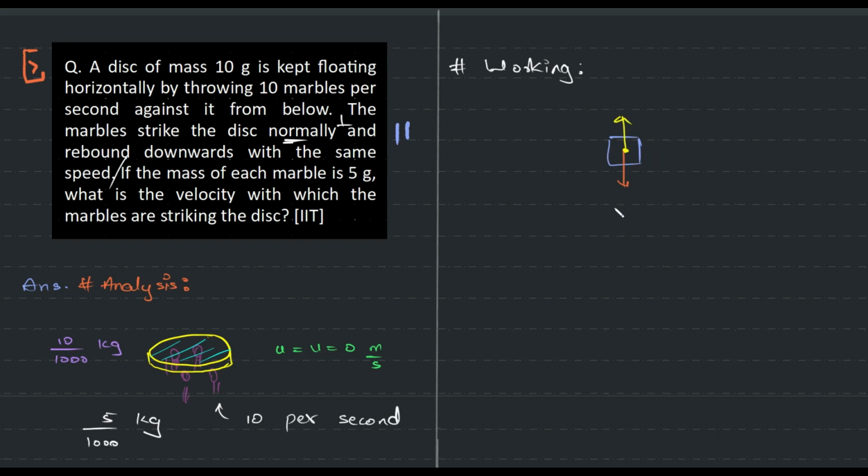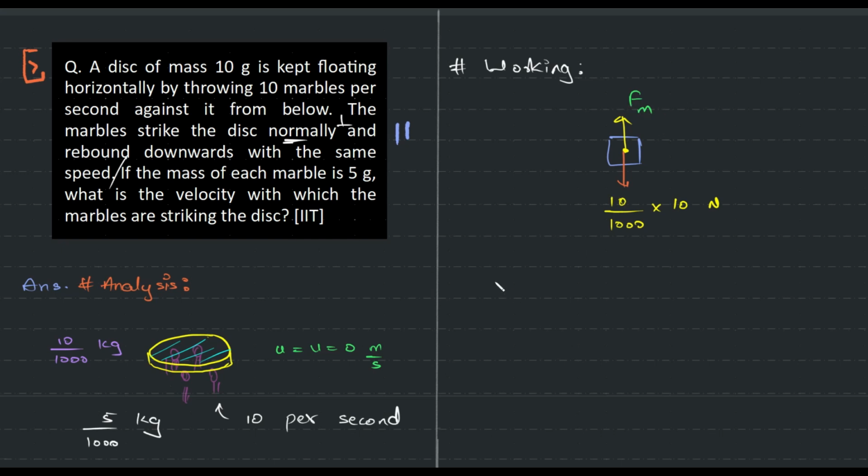See, quite simple. You have by default 10 by 1000 into 10 Newton of force. This is the force that is because of the gravity. And to maintain this, we need a force up. So force by the marbles, the net force by the marbles basically.